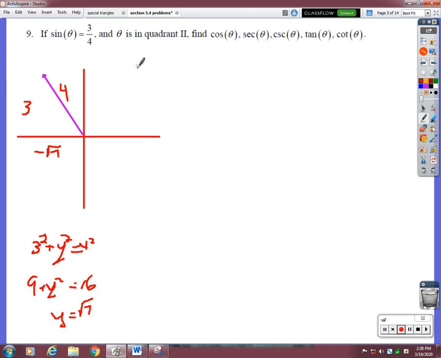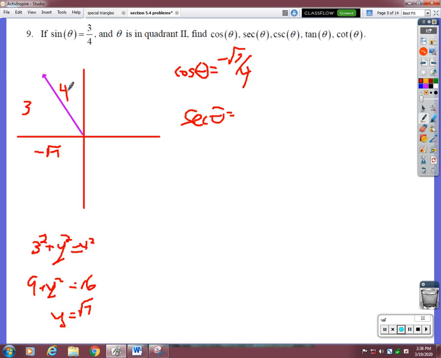Alright, so now we can find all of the things that we need to find using our definitions. So remember that, we don't know the angle. Remember that cosine is x over r, so that's negative root 7 over 4. Secant, killing it with the handwriting, is what?